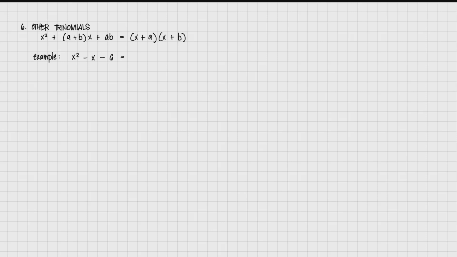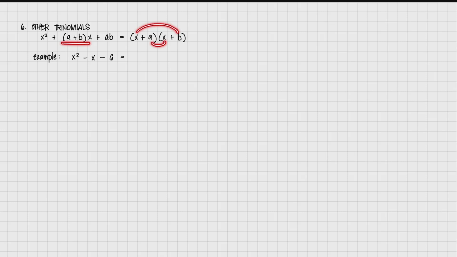Okay, so type 6 natin is other trinomials. So we're going to use this formula to solve for the factor. This type is subject to a trial and error method because the sum of the products of the means and the extremes should be equal to the middle term of the given trinomial.